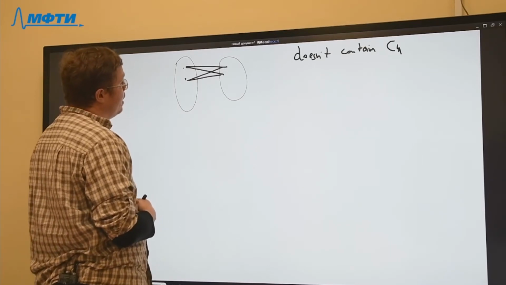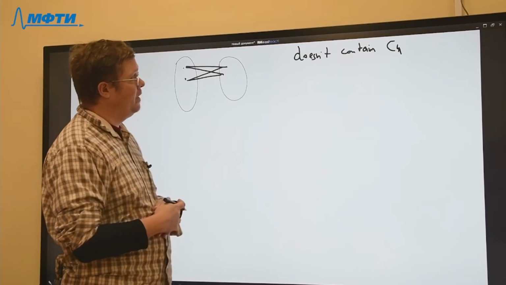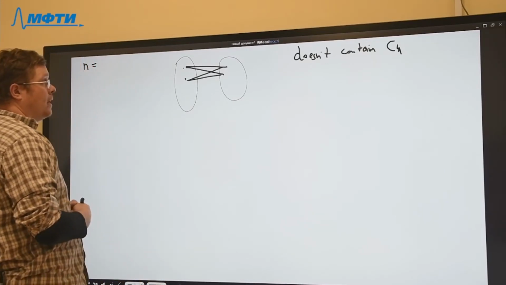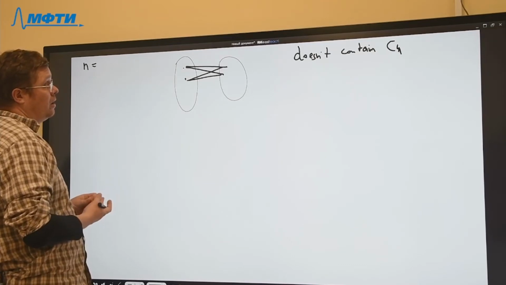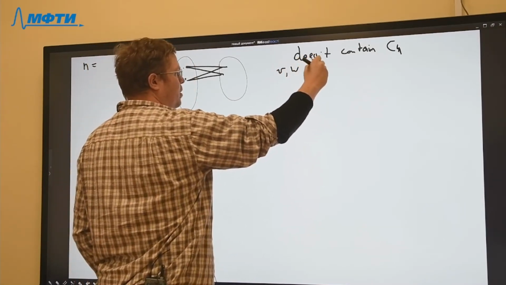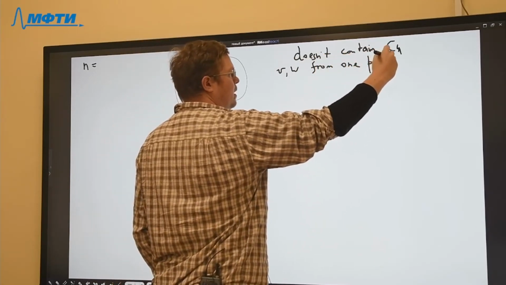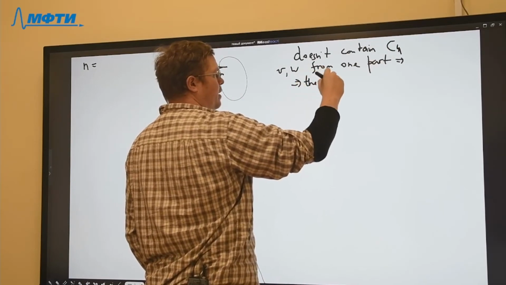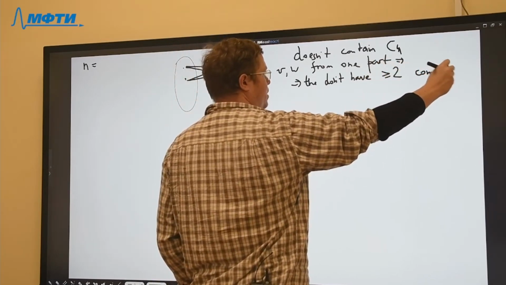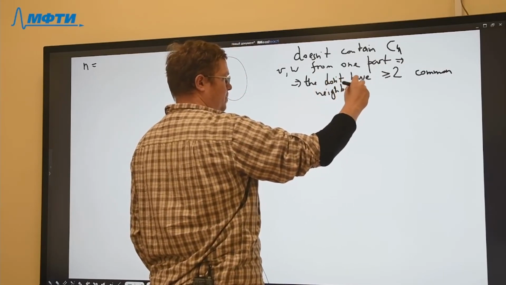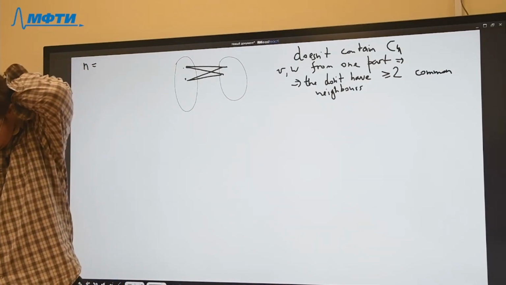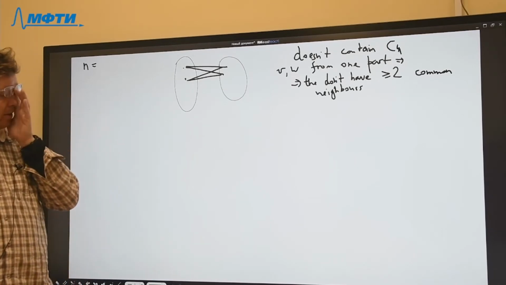So if we take v and v' from one part, they have no more than one common neighbor, and from this we want to make a restriction on the number of edges.